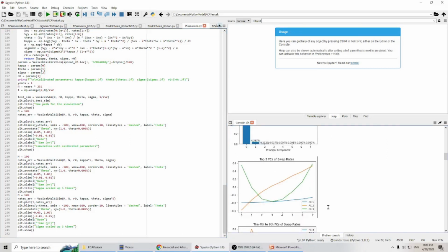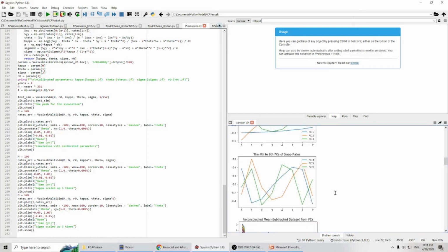The first principal component accounts for the parallel shift of the yield curve, and the second principal component accounts for steepening or flattening, and the third principal component accounts for the twists of the yield curve. Of course, we can also check the impact of the fourth, fifth, and sixth principal components.